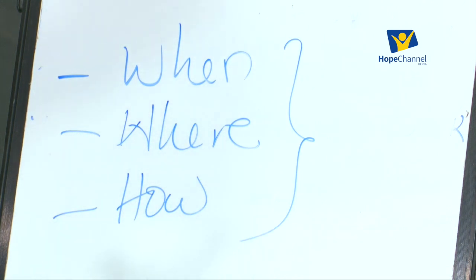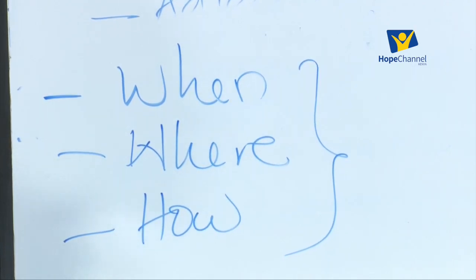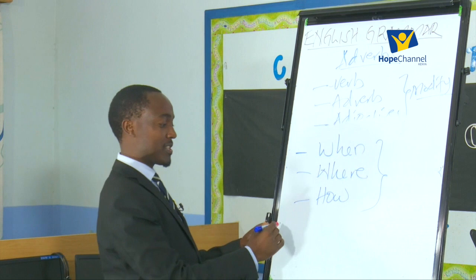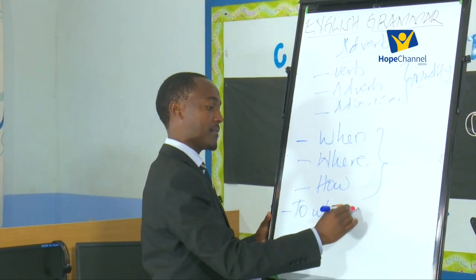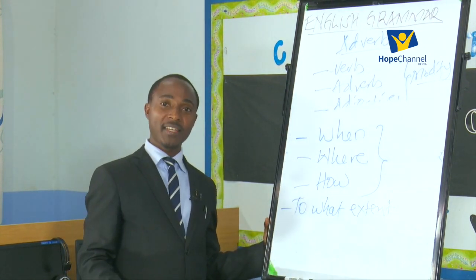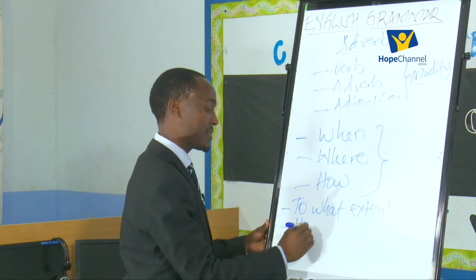We have very many other functions, but these are the three main ones: they will tell us where, when, and how an action takes place or something was done. They may also tell us to what extent something was done. They can also tell us how many times.